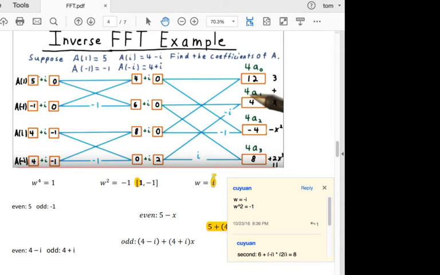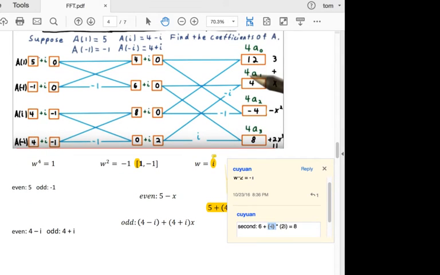I thought it should be the even part plus the omega times the odd part.